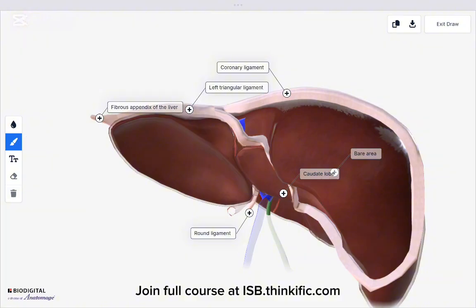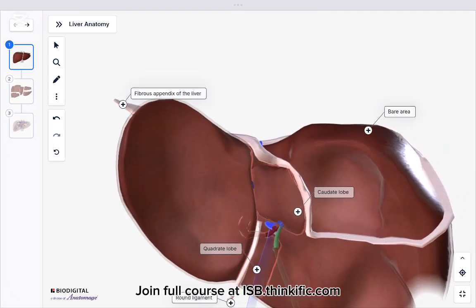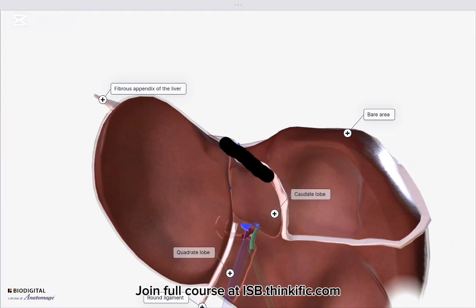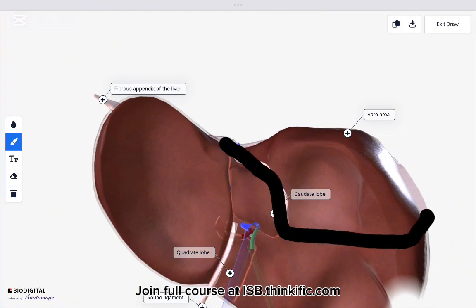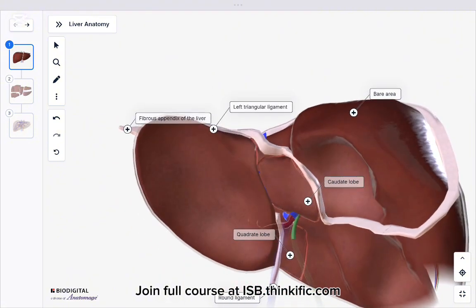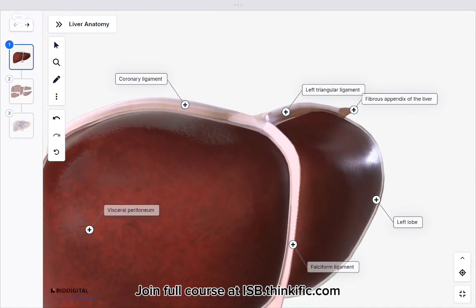So this is the other layer that I'm telling you about from the back. To look better, we need to go a little bit down. Yes. And it moves along this line. This is the posterior layer of the coronary ligament, and in between them is the bare area of the liver. I'm doing it quickly, so I want to tell you something. Now, this is the right subphrenic space.